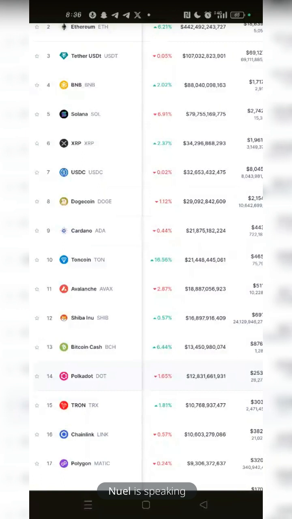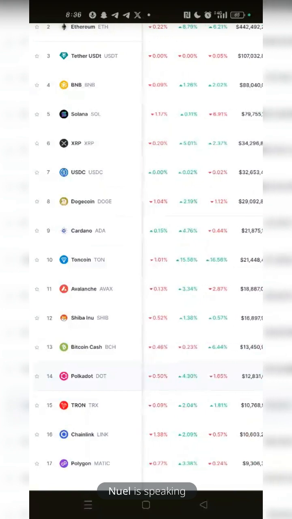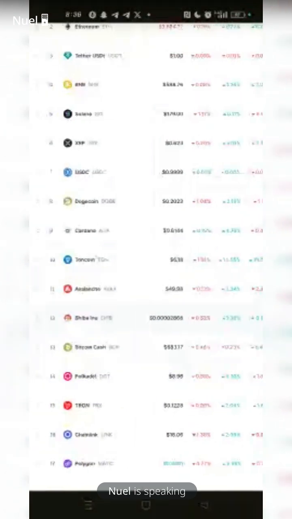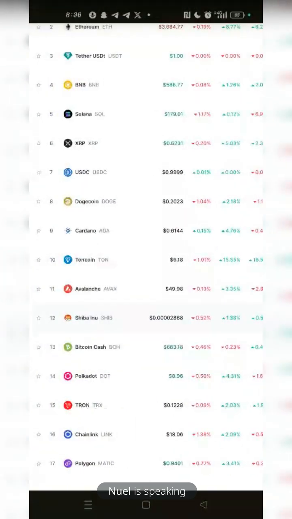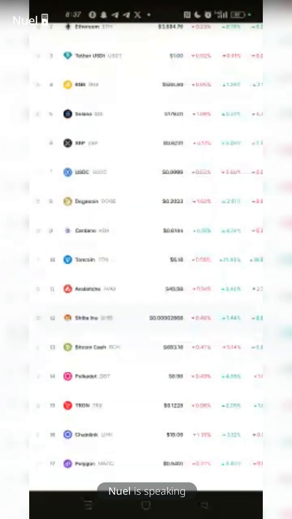So if you do the maths, for it to cancel all these zeros and get to $1, you have to multiply. Let's just say it has to do 10,000x. No, I say at least 5,000x from here to get to $1.